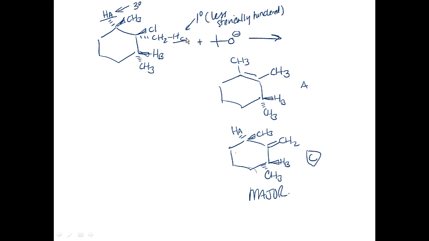Okay. Now, the last thing I want to do, well, there's two last things I want to do, if that's even possible, is to now modify our SN1, SN2, E1, and E2 chart. You may say, well, wait, we didn't have all four of them together. I know. So let's start with the chart that we had. We had alkyl halide, we had strong nucleophile, we had weak nucleophile, and then we had primary halide, secondary halide, tertiary halide.